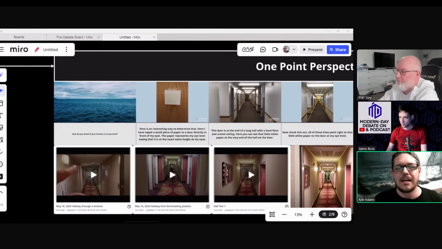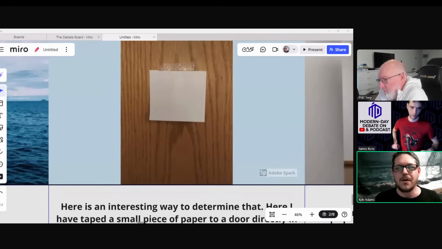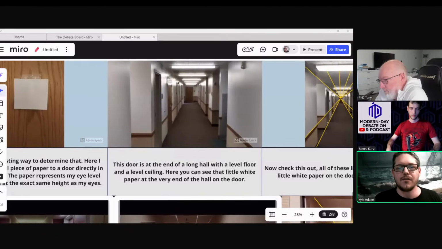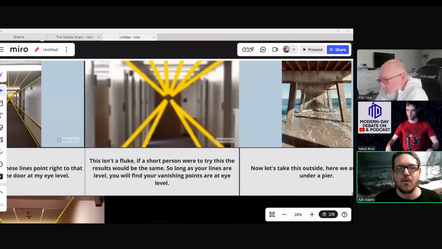Here I put a sticky note on a door, right in front of my nose. Then I walk down a big long hallway, and you'll notice that all of the lines in the hallway end up pointing right to where that sticky note is on the door.